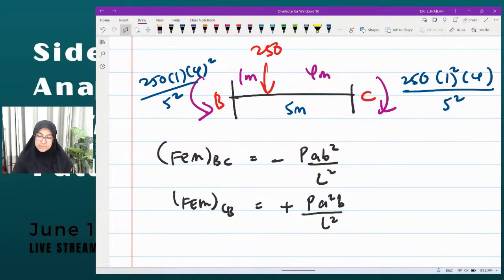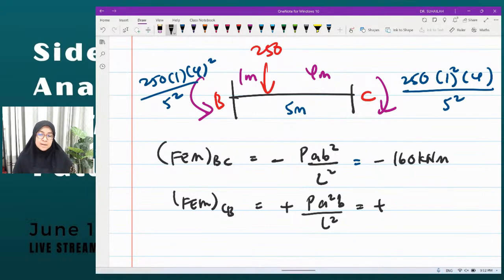What is the value? And it is negative. 250 times 16 divided by 25, 160. It is negative 160 kilonewton meter.